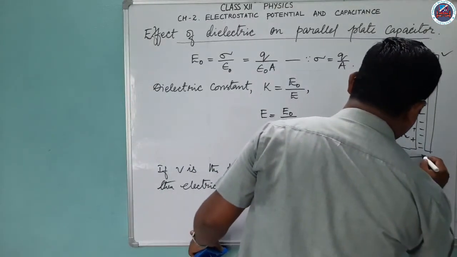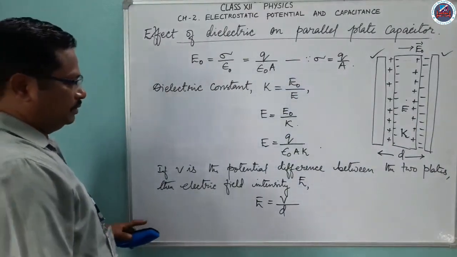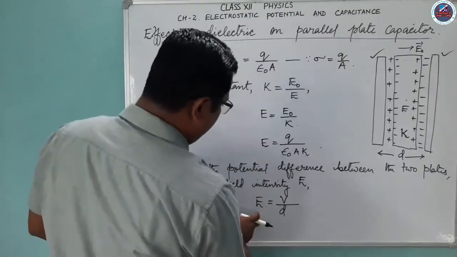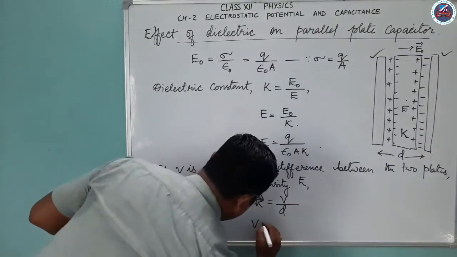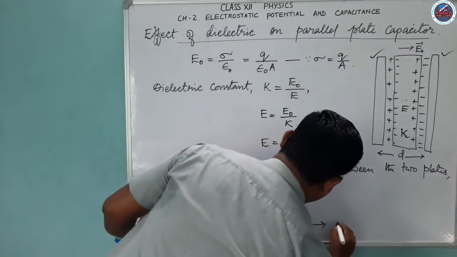Here D is the distance of separation between the plates. So V is equal to ED, and after that you can put the value of E. That is equation number 1.